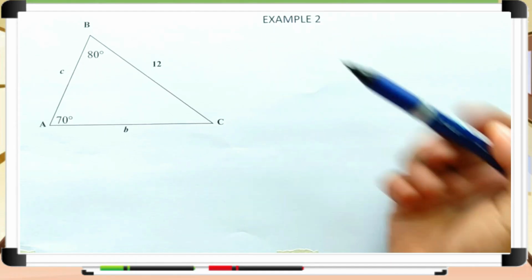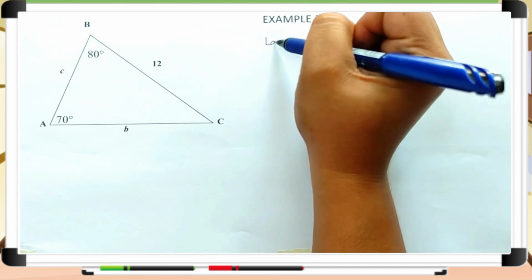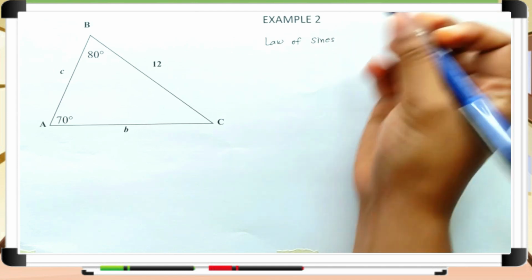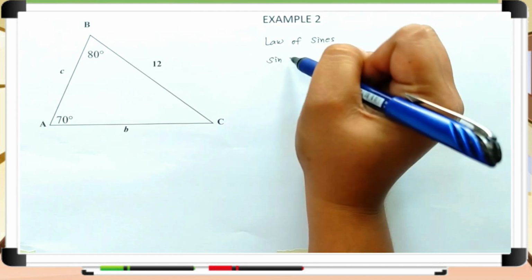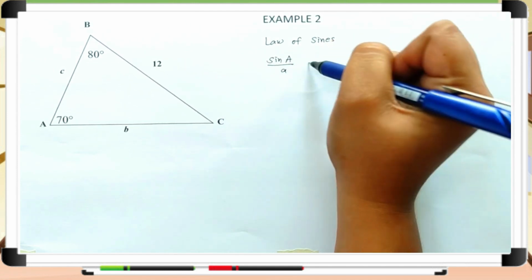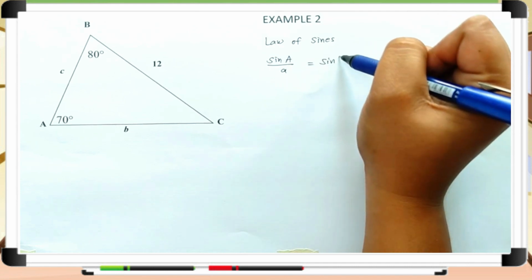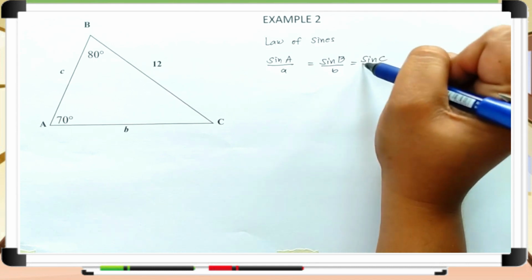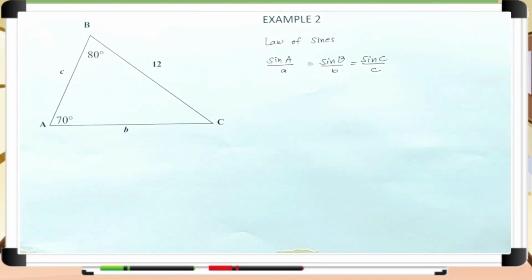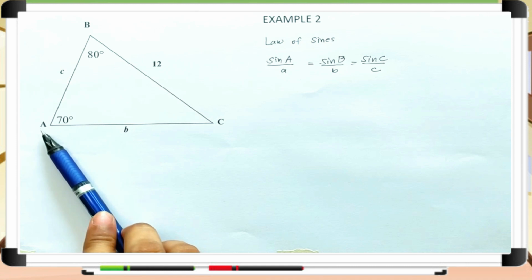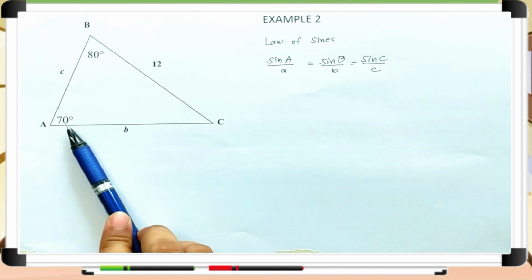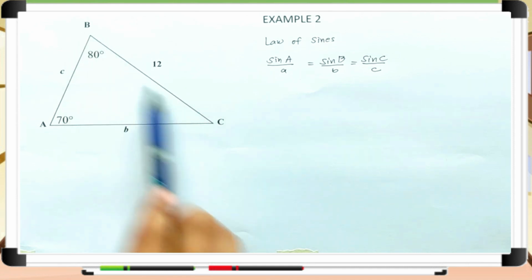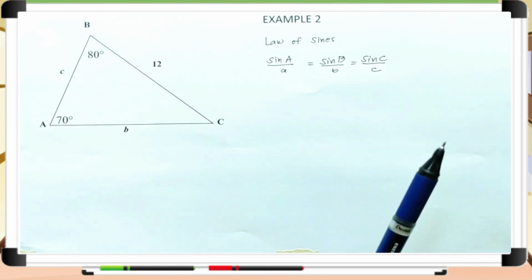Let's proceed with example number 2 using the law of sines. So sine A over A is equal to sine B over B is equal to sine C over C. In our figure, we have angle A 70 degrees, angle B 80 degrees, and side A 12 units.